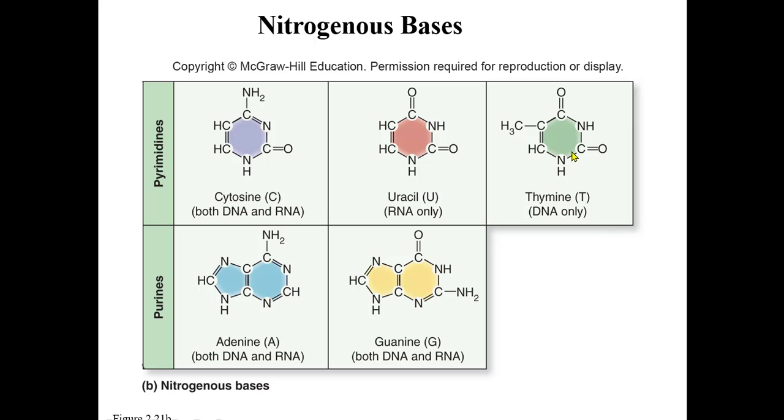A will pair with U in RNA. And G and C will always pair with each other regardless. So G and C will always pair with each other as usual.